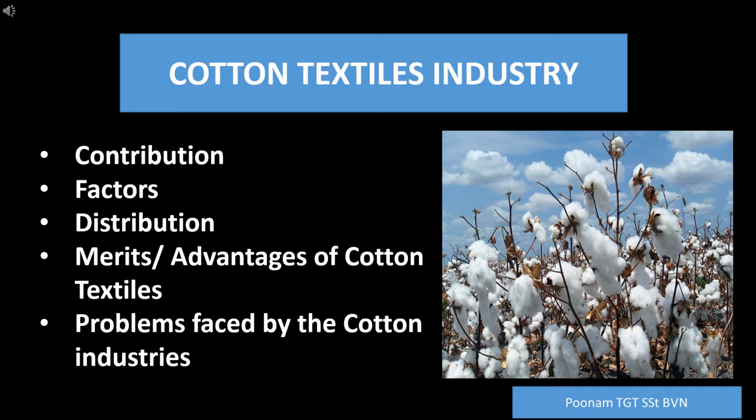Under the heading Cotton Textiles, we will be covering its contribution, factors which are leading to the growth of cotton textiles, distribution, advantages of having cotton textile industries, and lastly, the problems faced by the cotton textile industries.